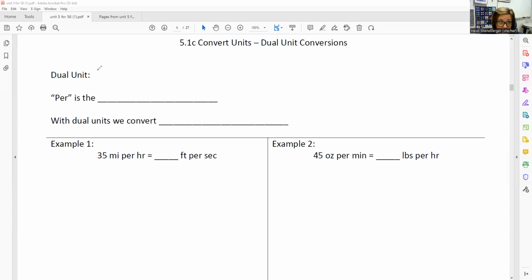Basically, a dual unit just means I'm looking at two units at once. So it's things like MPH, or miles per hour. How many miles I go is dependent on how many hours there are.